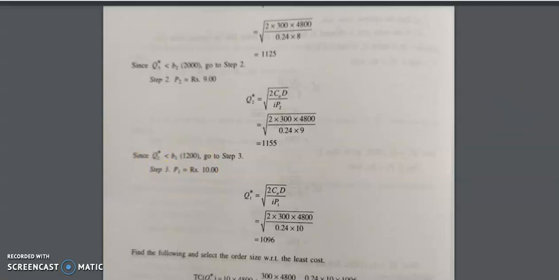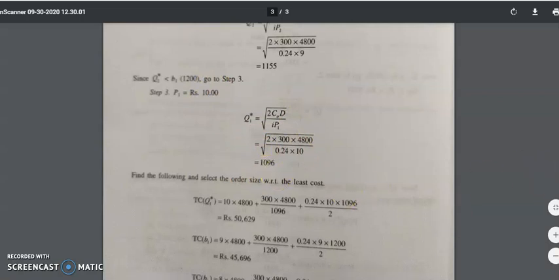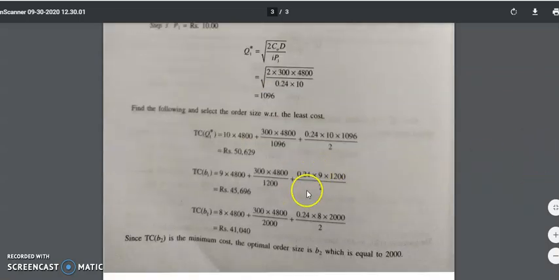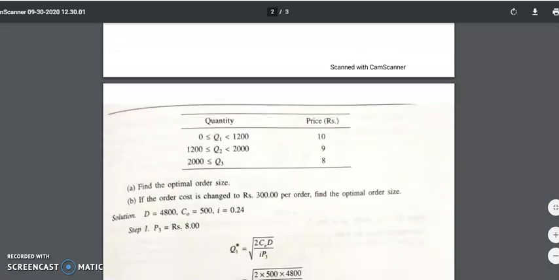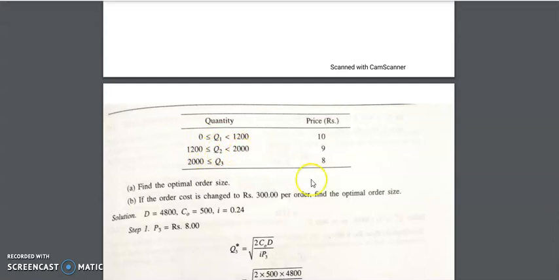So again we have to move on to the next price break, which is at 10 rupees. When we consider 10 rupees, it becomes 1096. So when you calculate the order quantity 1096, you will find that the minimum is 1200. When you considered Q2 at a price of 9, with quantity 1491, the maximum quantity was 2000.